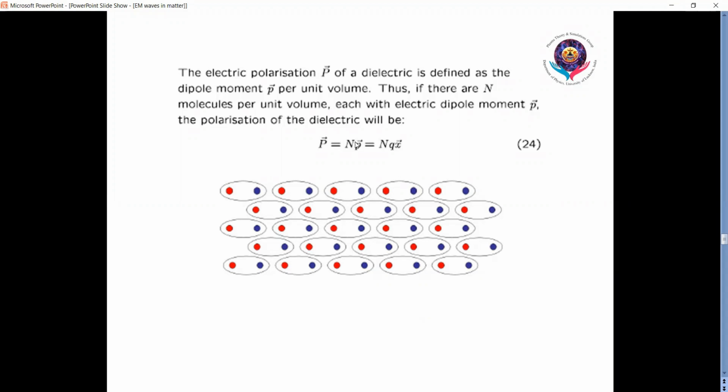And this polarization is equal to the dipole moment multiplied by the number of the molecules. Just because the dipole moment gives us the polarization of a single molecule, and the total polarization is the multiplication of the dipole moment and the number of the molecules, which is given by equation 20.